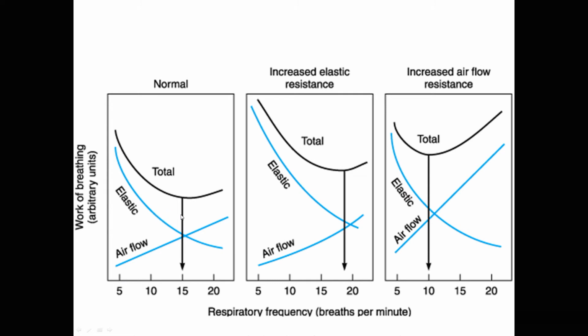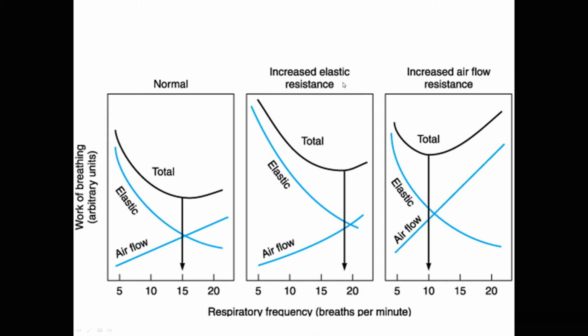The total curve, combining the elastic forces and the airflow resistance, is presented here. The minimum energy expenditure is achieved at a breathing rate of 15 breaths per minute. This is the normal physiological breathing rate.